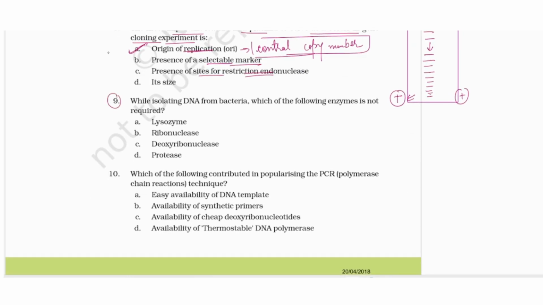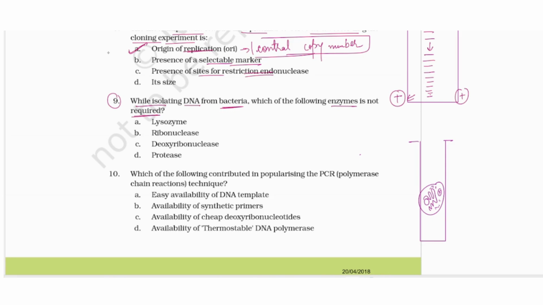Question number 9 is, while isolating the DNA from the bacteria, which of the following enzymes is not required? So for that we should know that we are having a test tube, for example, and in that test tube we are having a cell, and we know in a cell we have everything: the nucleus, endoplasmic reticulum, mitochondria, proteins, RNA, DNA.